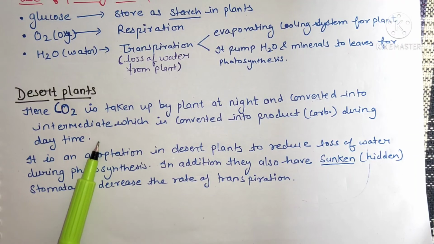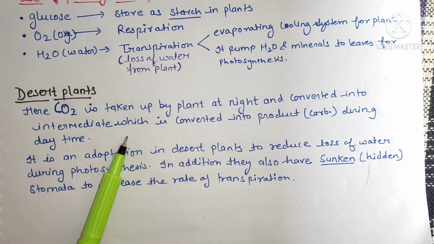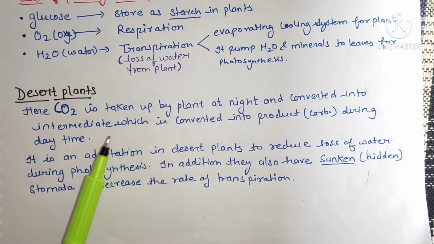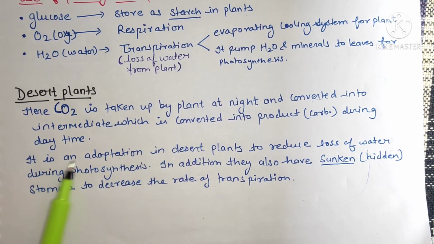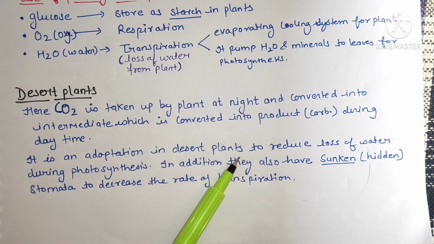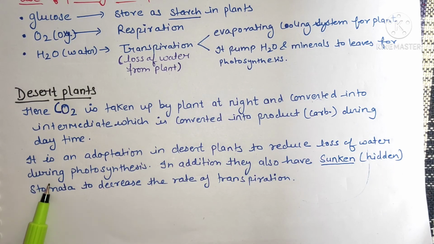To reduce the loss of water from the stomata during the daytime, they take up carbon dioxide at night, and it is a kind of adaptation in desert plants to reduce the loss of water during photosynthesis.